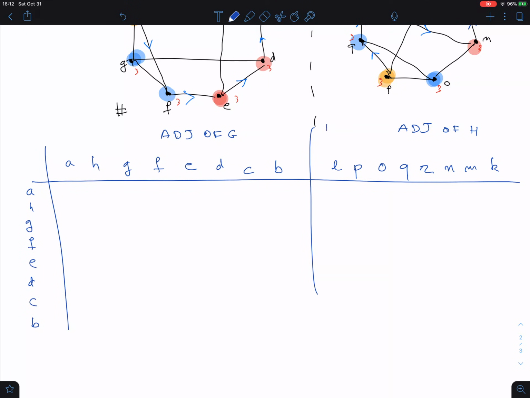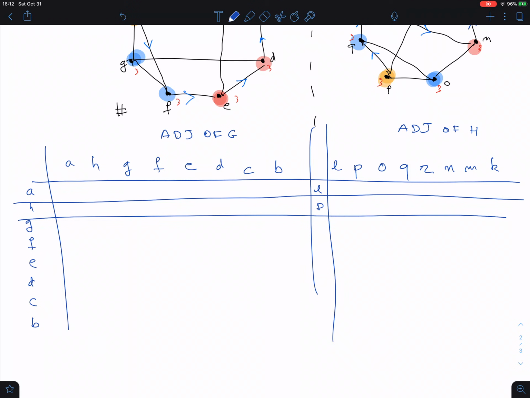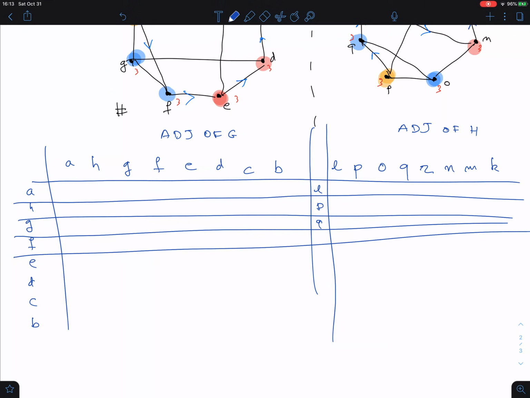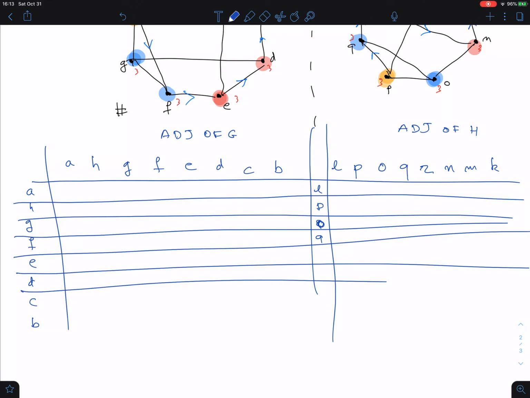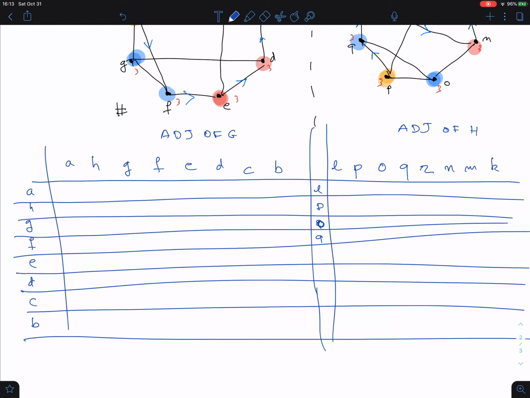So L, P. Let me first draw the lines and then write, because otherwise I'm going to make mistakes. Okay. All right. So L, P, O, Q, R, N, M, K.